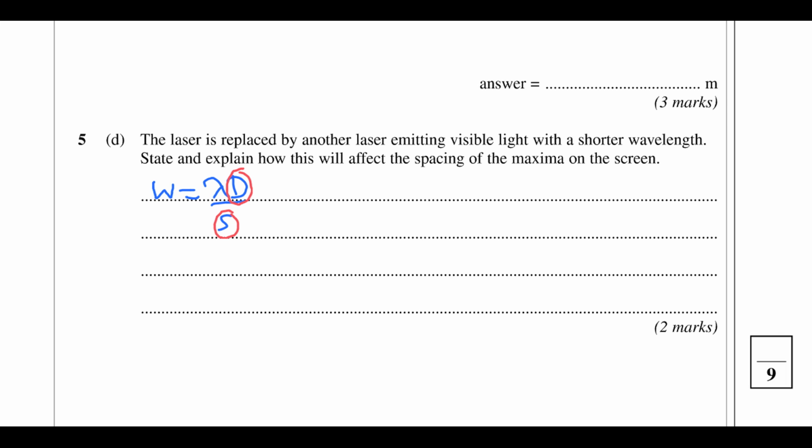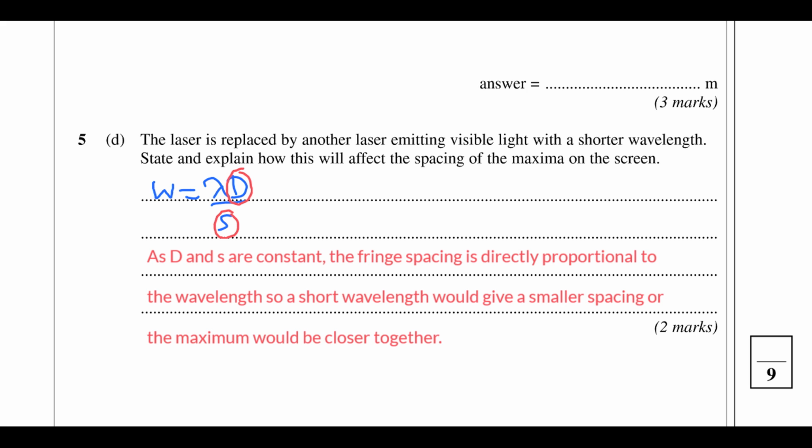So what we can see is that spacing and wavelength are directly proportional. So let's get that first. Spacing and wavelength are directly proportional, so a shorter wavelength results in a smaller spacing or maxima closer together. So that's what we've got there as the answer. That finishes this question on interference. So let's move on to the next question.